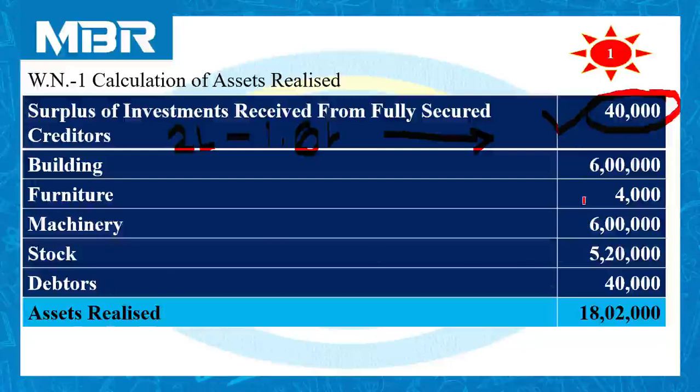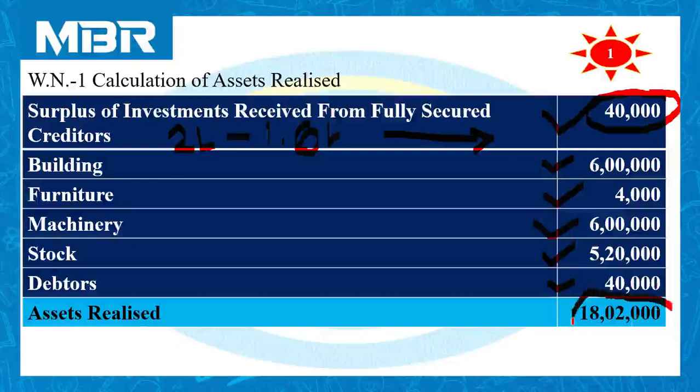Then in the additional information, it is clearly mentioned that the liquidator has realized 6 lakhs rupees by selling the building, 4,000 rupees by selling furniture, rupees 6 lakhs from the machinery, rupees 5 lakhs 20,000 by selling the stock, and rupees 40,000 from the debtors or say trade receivables of the company.